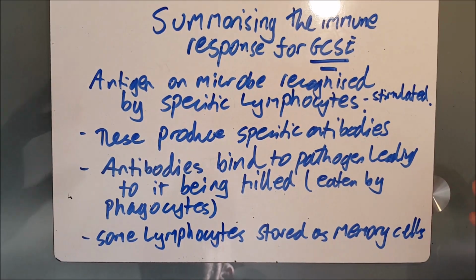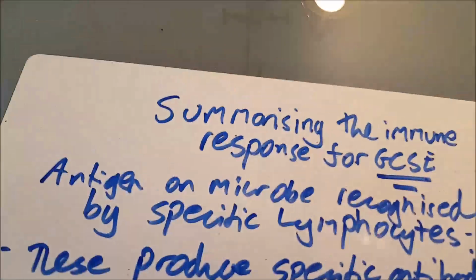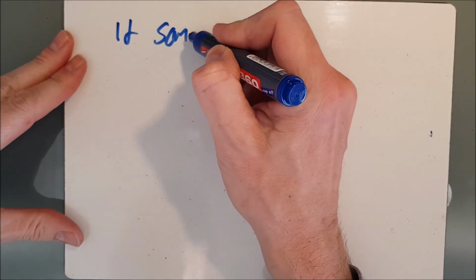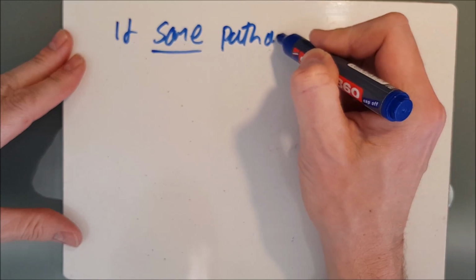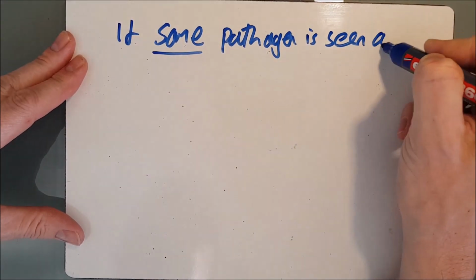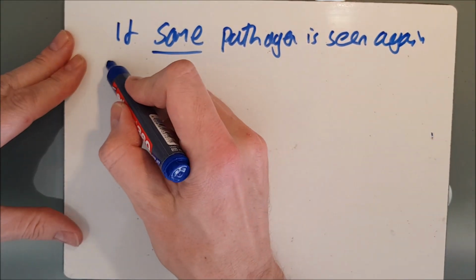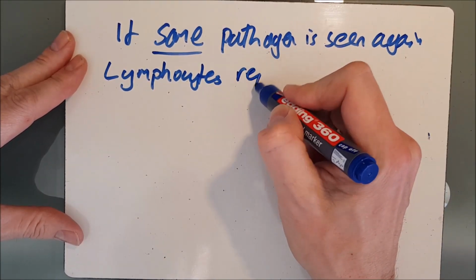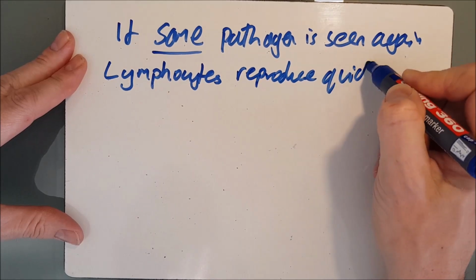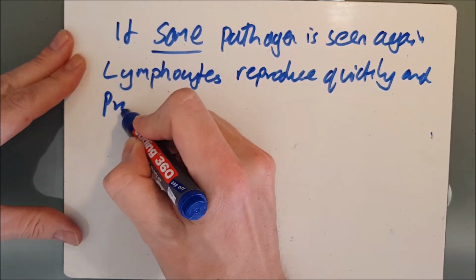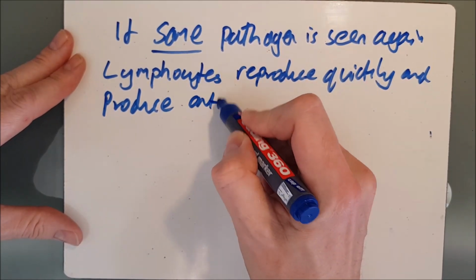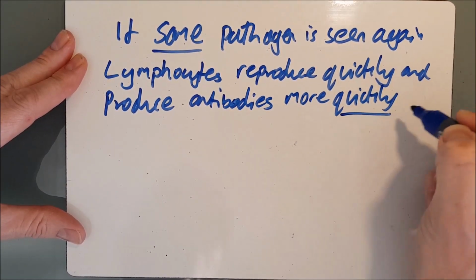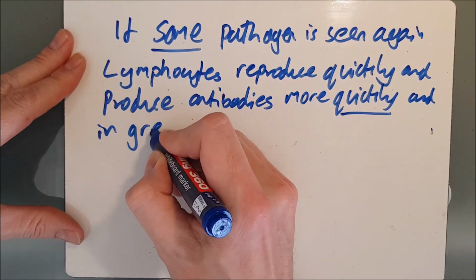So what that means is if the same pathogen is seen again, lymphocytes are activated, lymphocytes reproduce quickly and produce antibodies more quickly, and that's the key thing, more quickly and in greater numbers.